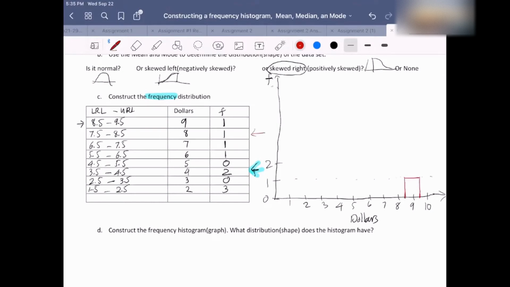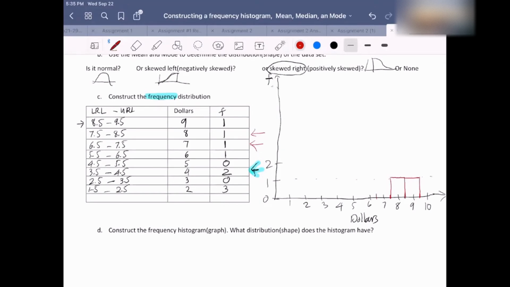is this one. It's number 8. So the lower limit of that is 7.5, and the upper one is 8.5. So it should be like this. It shares the same side with the 9. Okay. And the next one, the 7, then the limits are from 6.5 to 7.5.